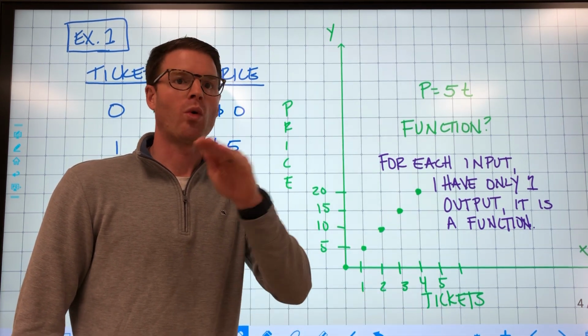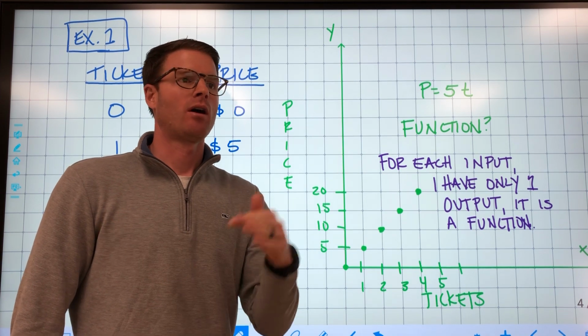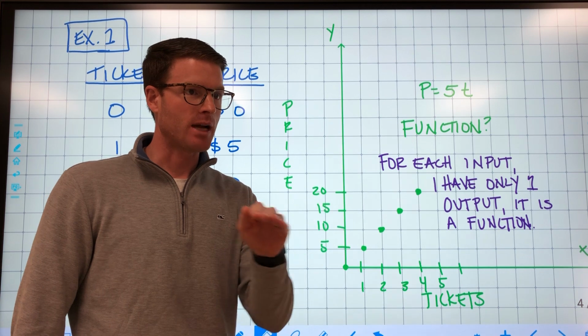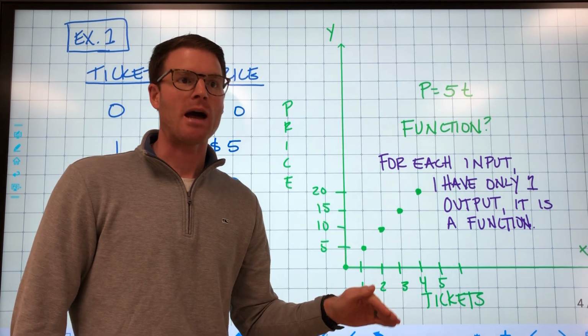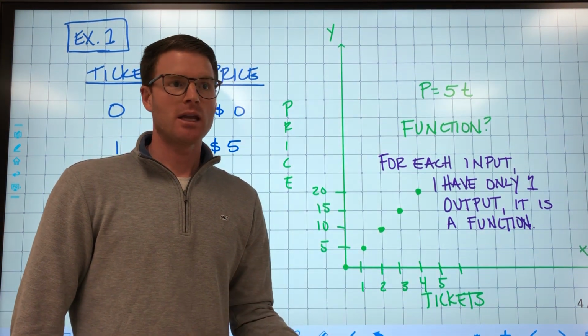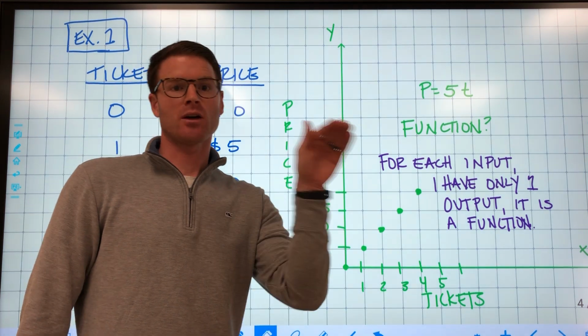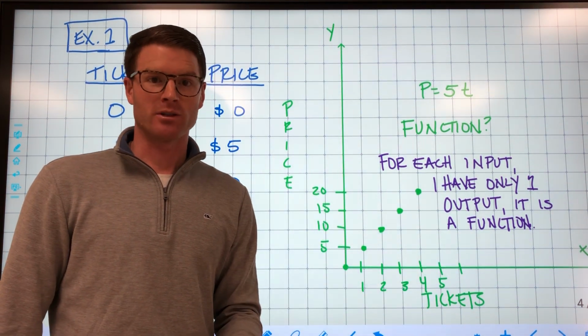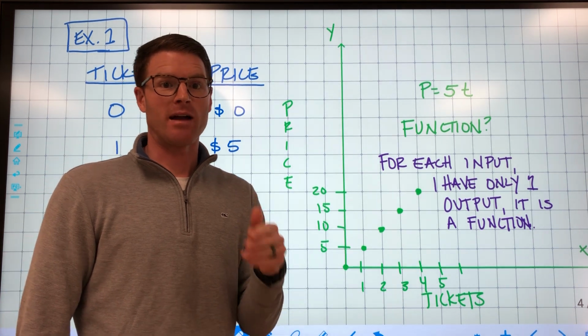If I don't know what I'm getting out of the soda machine, it's not a function. But if every time I know exactly what I'm going to get out, then it is. Even if I hit the Coke and I know I'm getting a Sprite every time, that's a function, because I have one output.